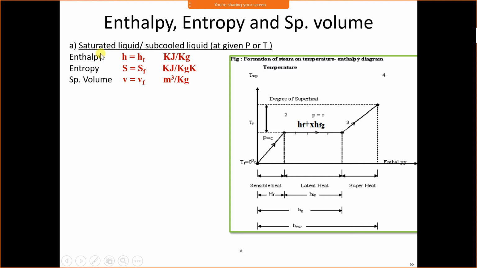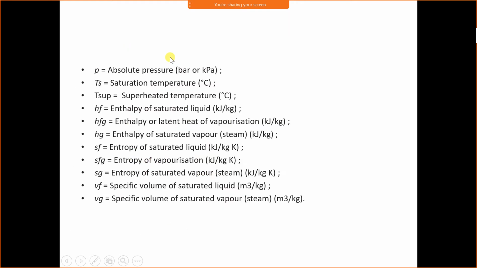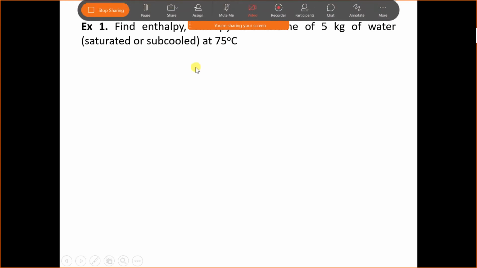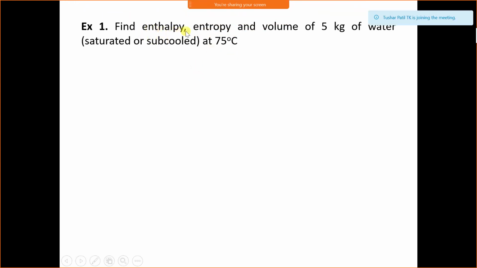Let us first solve a problem based on saturated and subcooled liquid. Find enthalpy, entropy, and volume of 5 kg of water at 75 degrees Celsius.